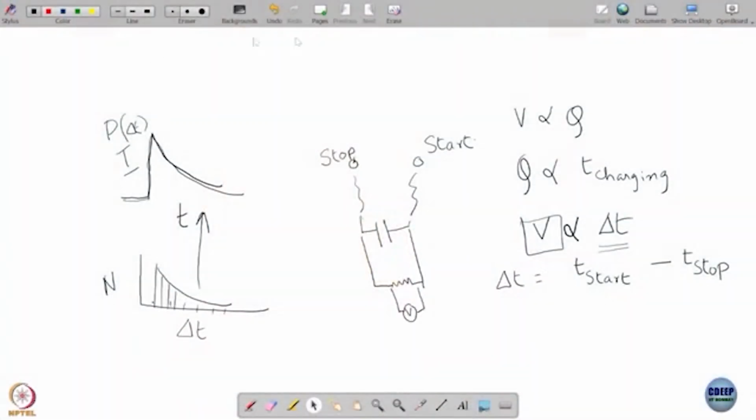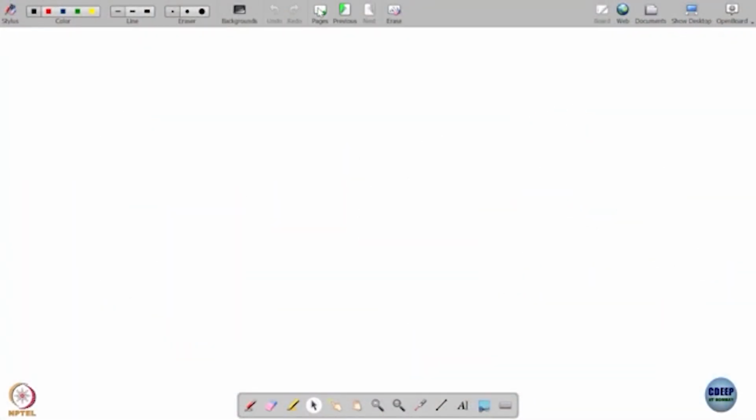What does a CFD do? How does a CFD work? So this is how a CFD or constant fraction discrimination works. But even before that, let us say, why do we need CFD in the first place? Before we go to constant fraction discrimination, let us talk about something that is called leading edge discrimination.